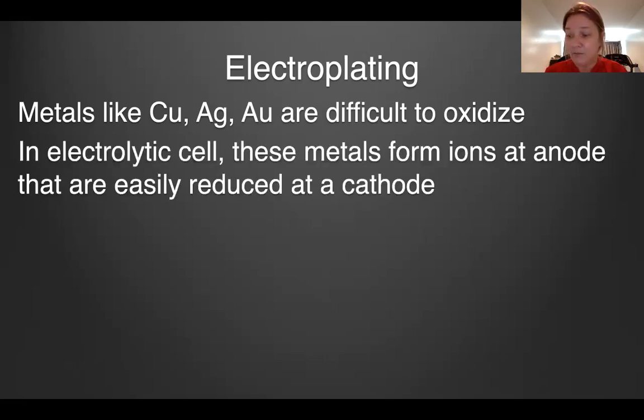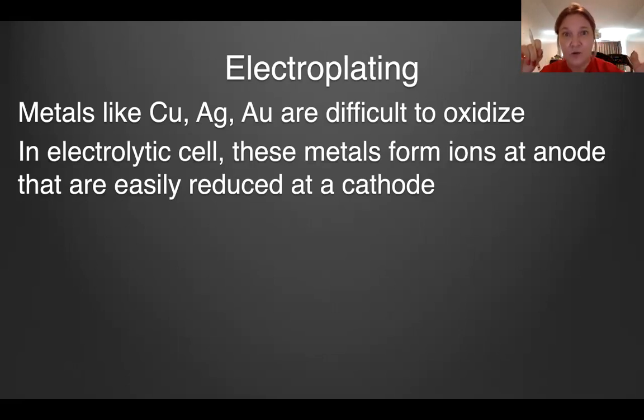In an electrolytic cell, these metals form ions at the anode that are easily reduced at a cathode. So if you force these metals that don't like to be oxidized, you can force them to be oxidized at the anode.